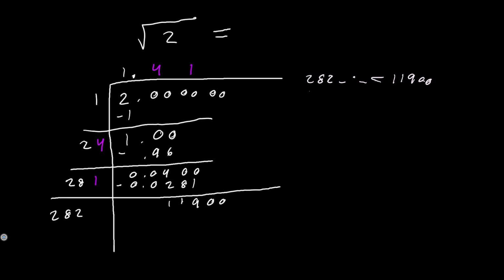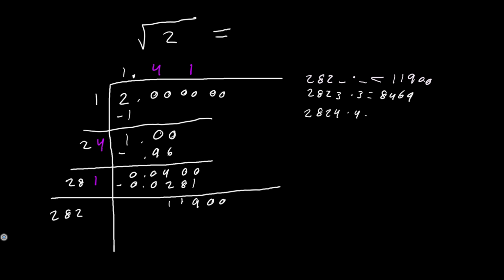So we have 282, and we're going to have that number be 3, so we have 2,823 times 3, which is equal to 8,469. So here we have that it is less than 11,900, so we're going to go ahead and now multiply it by 4.